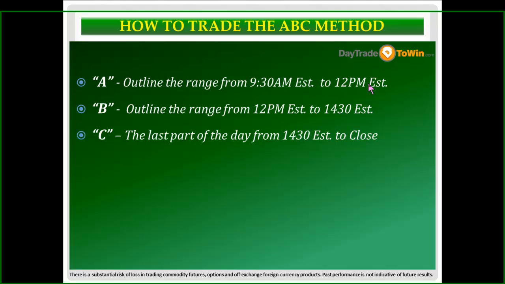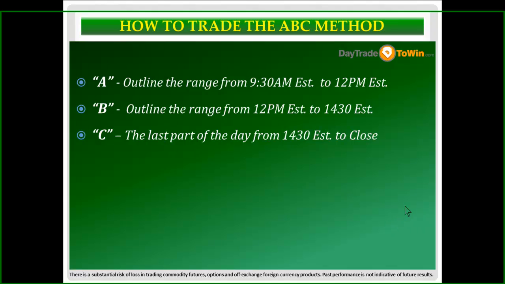So that's the A part of the day. The B part of the day is from 12 o'clock to 14:30, so the next 2.5 hours. The C part of the day is when the market ends here at B to the close. So I'm isolating, I'll show you a chart on this in just a moment, the three parts of the day as the A part of the day, the B part of the day, and the C part of the day.